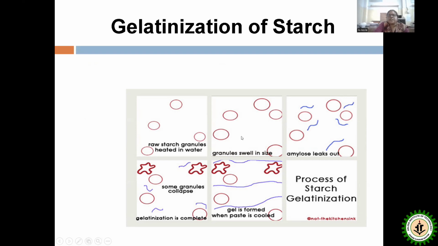Then, as heating is continued, the amylose molecules leach out from the granule into the solution, and eventually some of the starch granules collapse. Finally, the leached-out amylose molecules form a three-dimensional network within which the raw starch granules, swollen starch granules, the collapsed starch granules as well as water are enclosed or embedded, and this completes the process of starch gelatinization.